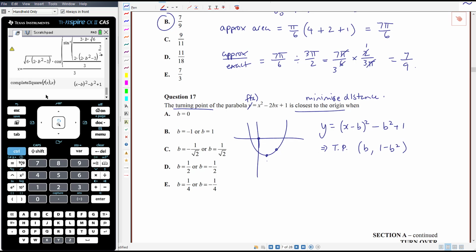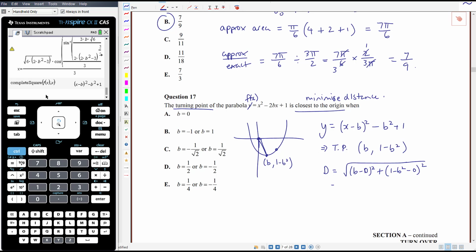Then it's the distance between the turning point and the origin. So it's the distance between those 2 points. Good, because we had too many unknowns with the b. So the distance is the square root of b minus 0 all squared plus 1 minus b squared take away 0 all squared.